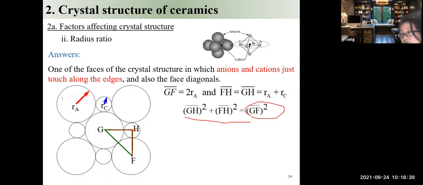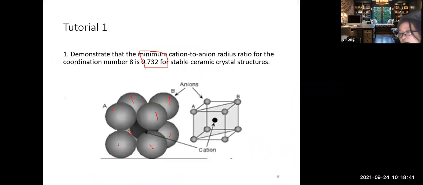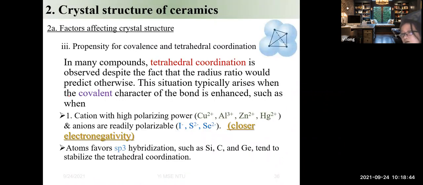Okay, so now let's move on to the third criterion, the propensity for covalency and the tetrahedral coordination. Now you remember, right? Just now we explained at the subatomic level, ceramic is not purely ionic and not purely covalent. It is actually a mixture of ionic and covalent.